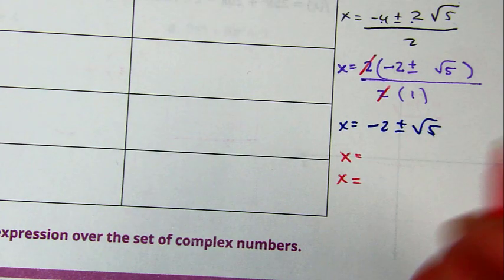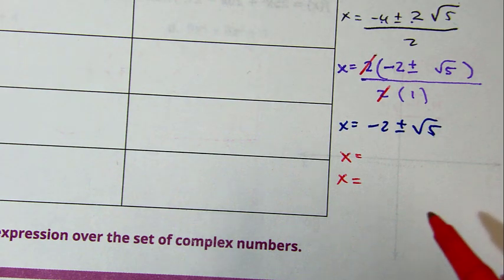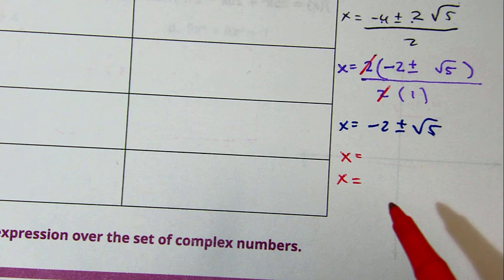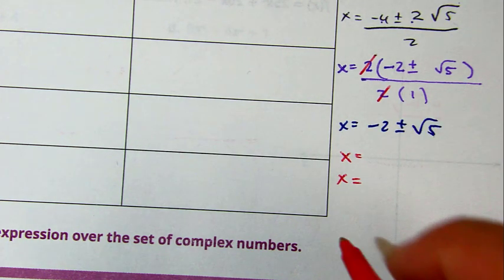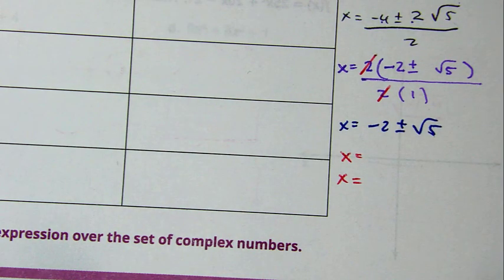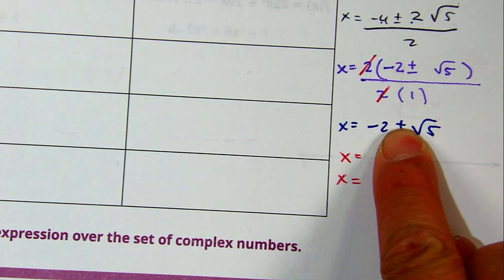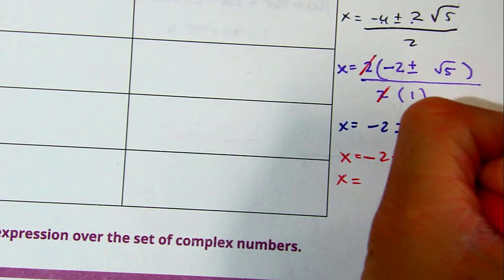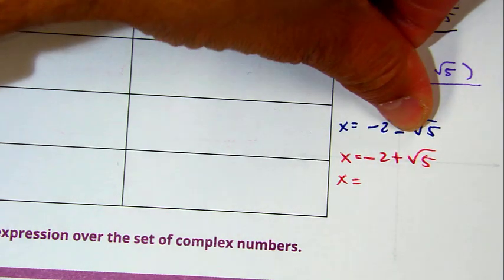Okay, this is where we're basically splitting apart the plus and minus sign. Does that help or no? Do you need more hints? Yeah. Okay, I'm going to use my finger. Plus. So read it to me. -2 plus radical 5, and -2 minus radical 5.